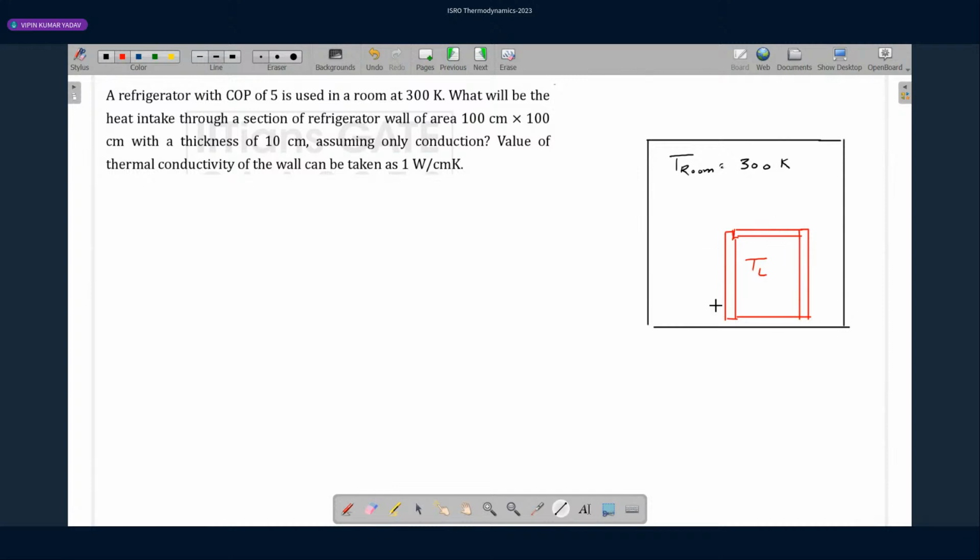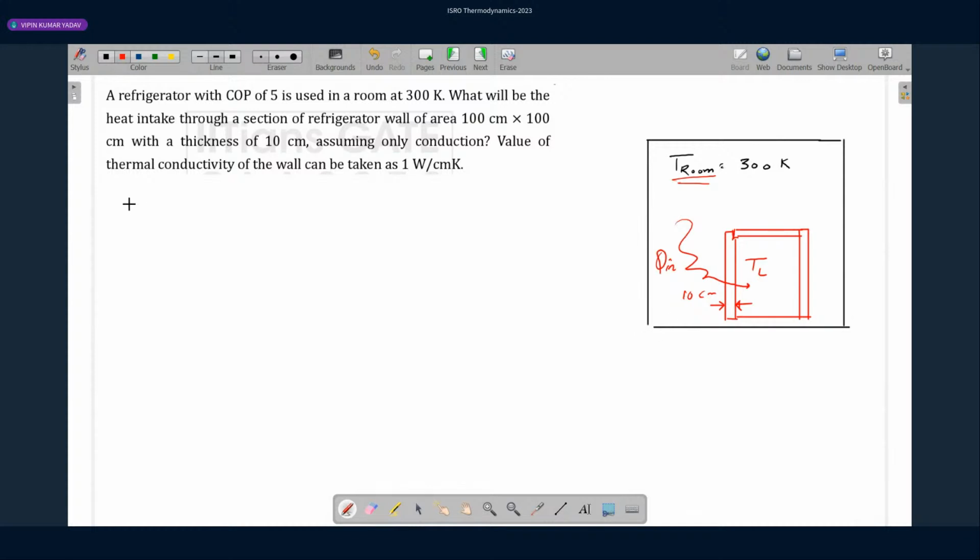So let us say this thickness is 10 centimeter. Because the room is at higher temperature, heat will flow in. Okay, Q in. This is what I need to find out. What will be the heat intake? Yes, Q in I need to find out.